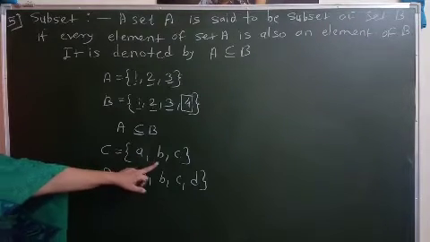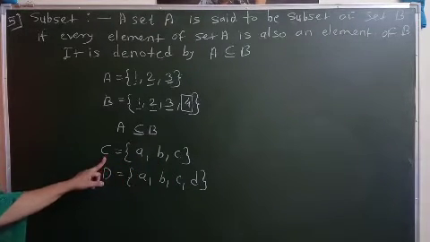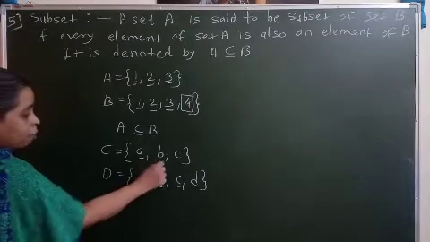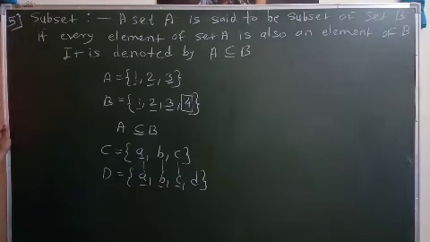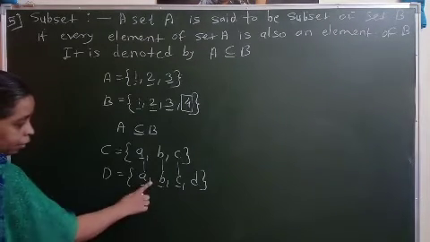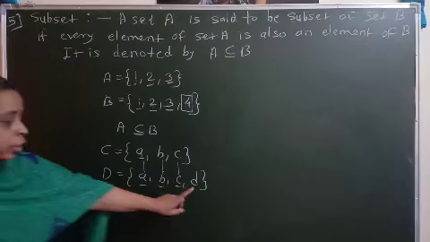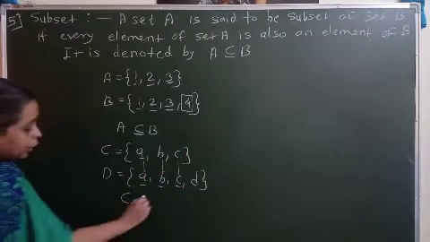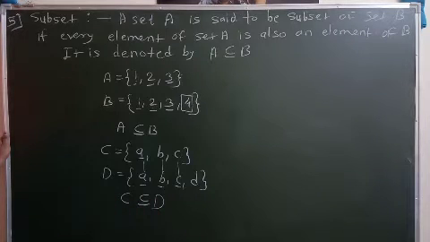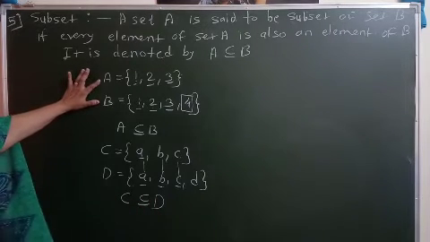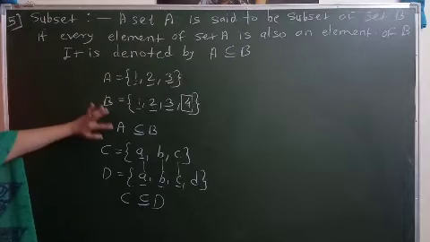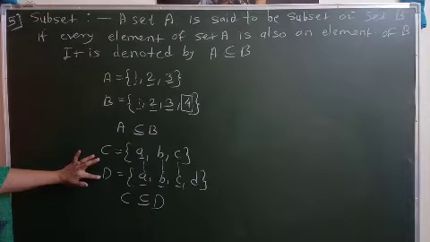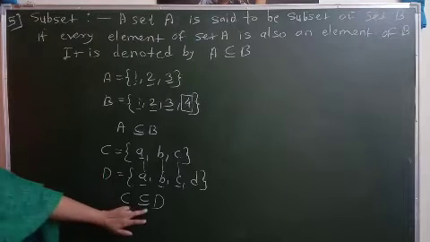A, B, C all belong to C, and this also belongs to D. So every element of set C is an element of set D, and D contains this D which is not in C. Then C is subset of set D. So every element of set A is an element of set B, so A is subset of B. Every element of set C is also an element of set D. So C is subset of D.